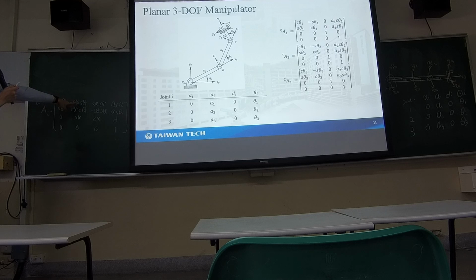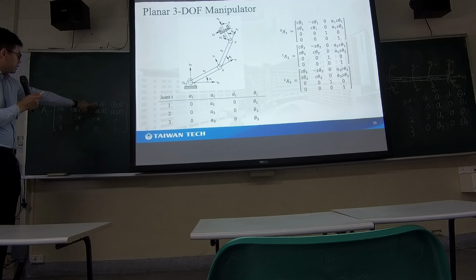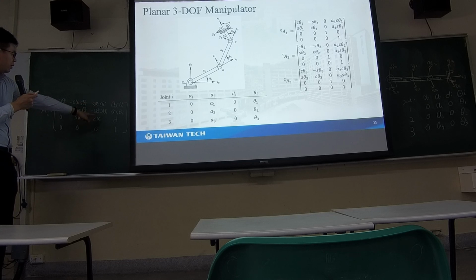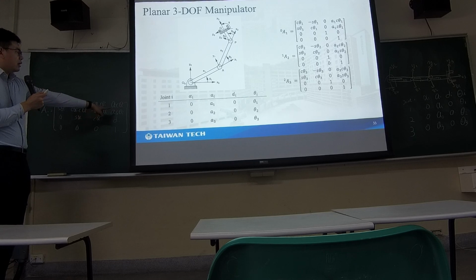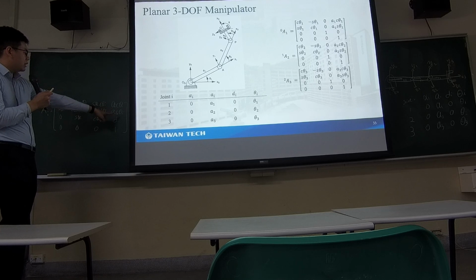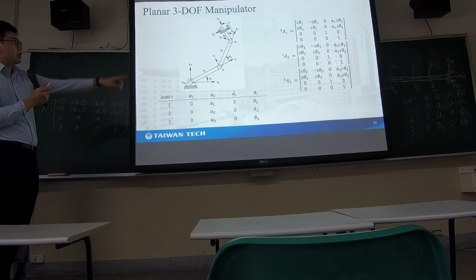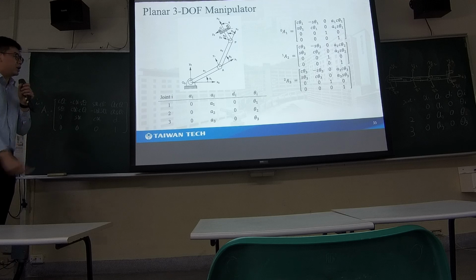So we have cosine theta 1, minus sine theta 1, and sine alpha is 0, so 0, 0, and cosine alpha 1 is 1. And this is A1 cosine theta 1 and A1 sine theta 1. And the D is 0 here. So you can see it's equal to the transformation matrix A 0 to 1.